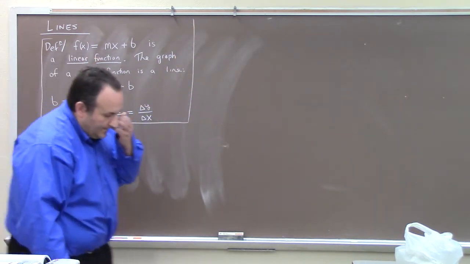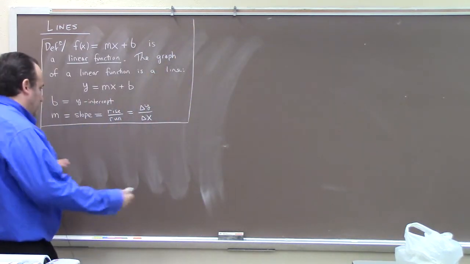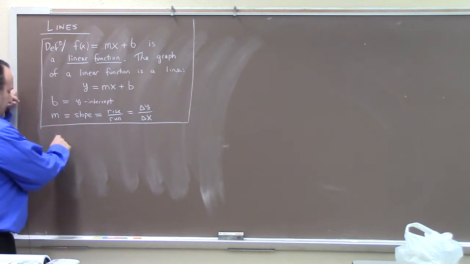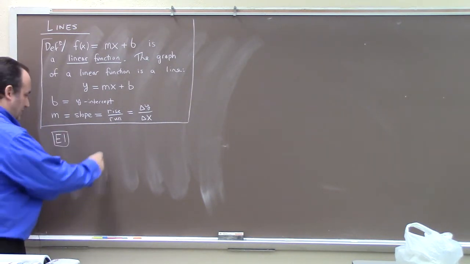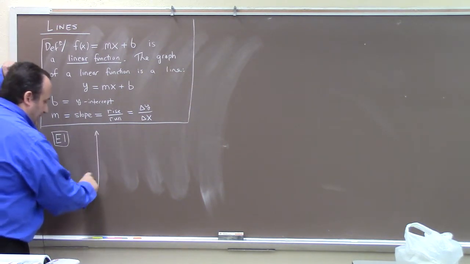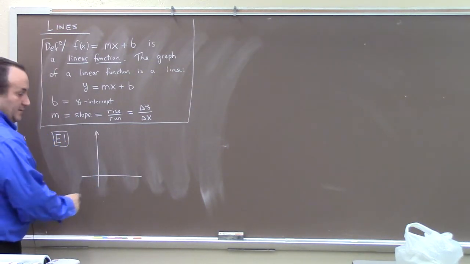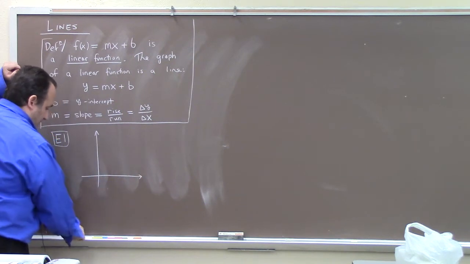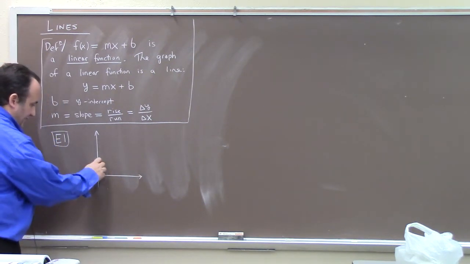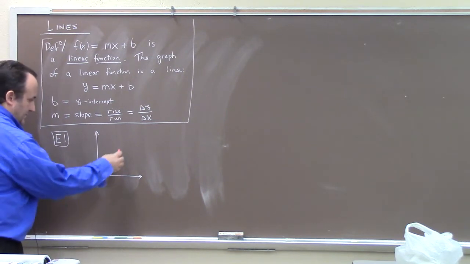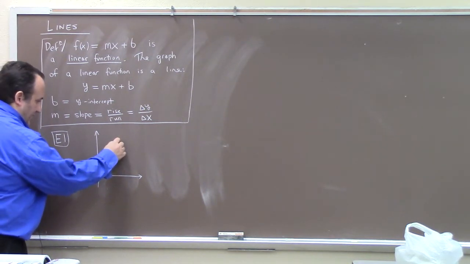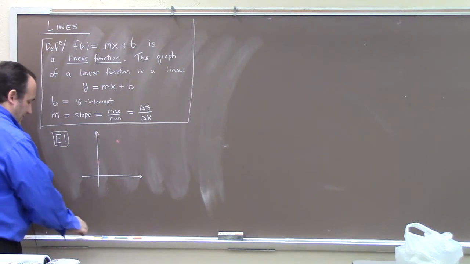Now, let's look at a specific example here, try to understand this more. All right. So suppose you want to find the equation of a line, and you're given that the graph contains this point and that point. Let me be more specific.